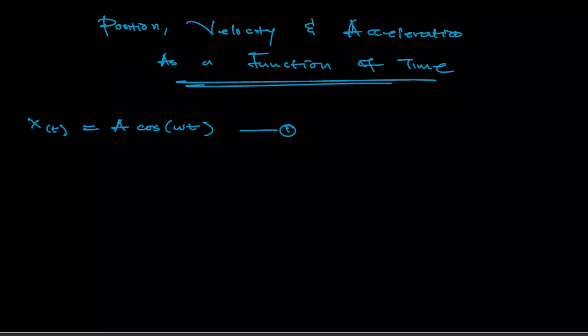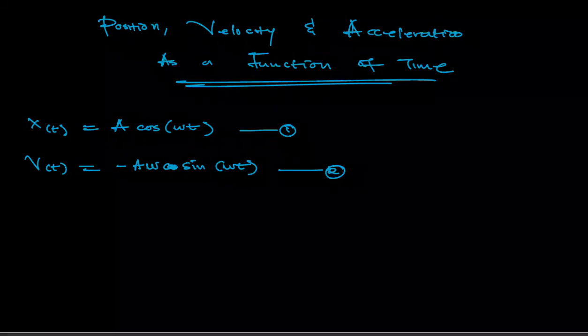So what about velocity? Velocity as a function of time is given by negative A w sine wt. This is our equation 2.